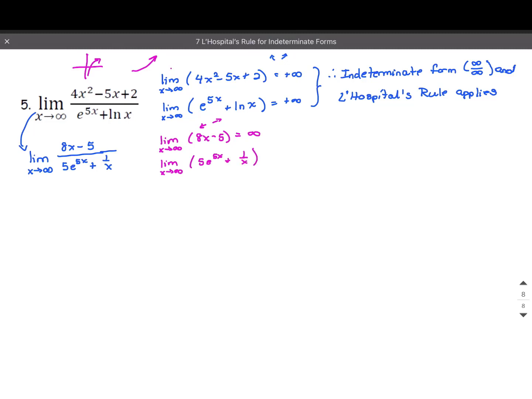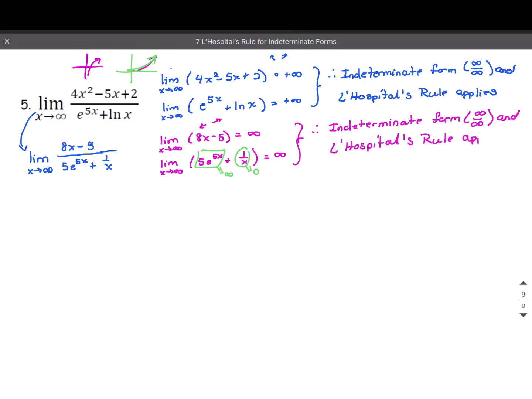Now it's true that as x gets huge, this piece is going to head to 0, but this piece is going to be getting large without bound again, right? This piece is just going to keep getting bigger and bigger, and even if we're adding 0 to it, the whole thing is increasing without bound. So again, we have an indeterminate form, and L'Hopital's rule applies.